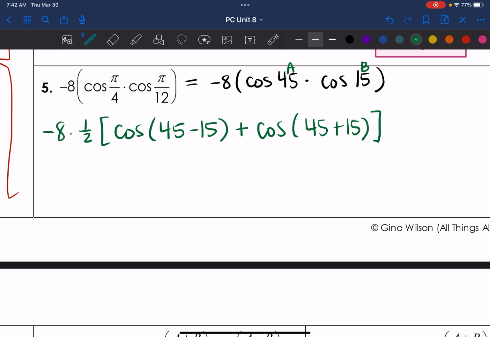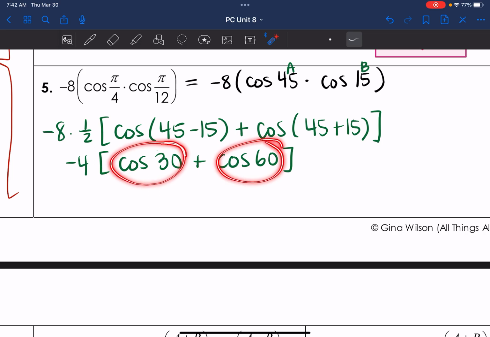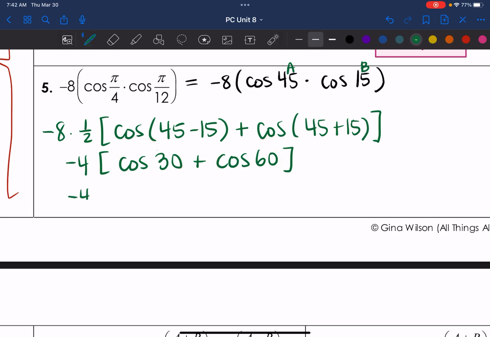-8 times 1/2 is -4. Then 45 minus 15 is 30. 45 plus 15 is 60. So those are the two angles we're going to need to find. Cosine of 30 and cosine of 60. So let's go and find those.